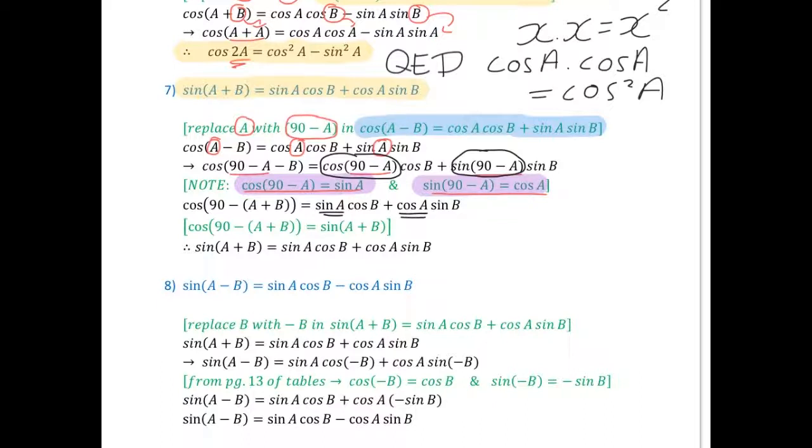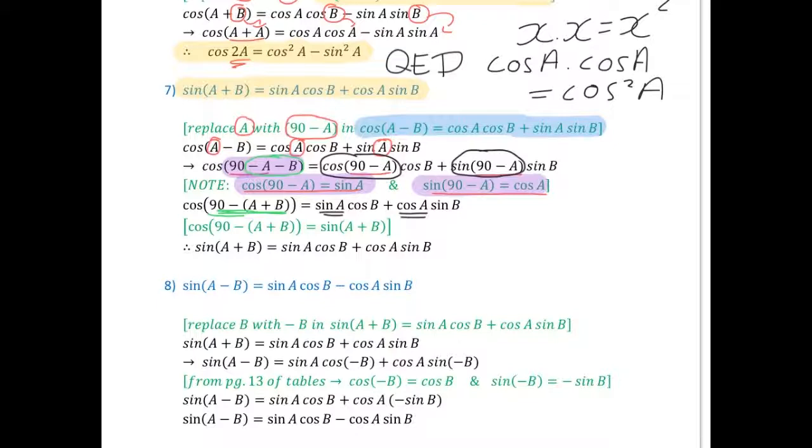Then in this bracket up here, if we take out a minus from these two terms here, then we'll be left with a 90 minus A plus B here.